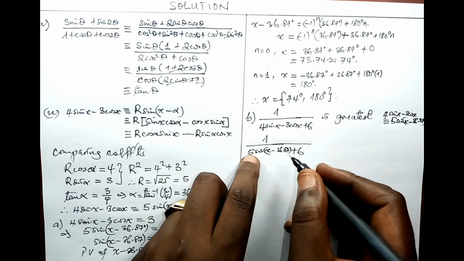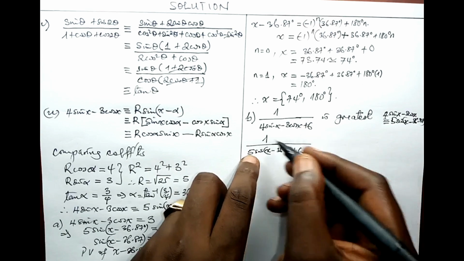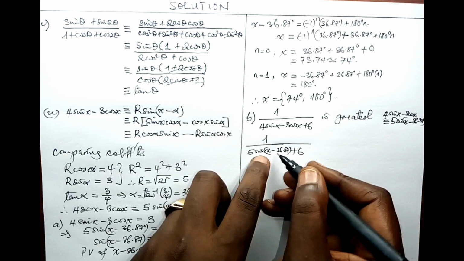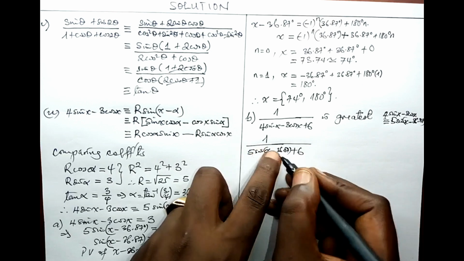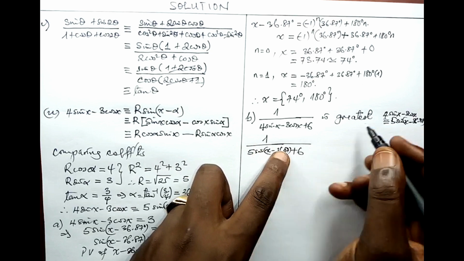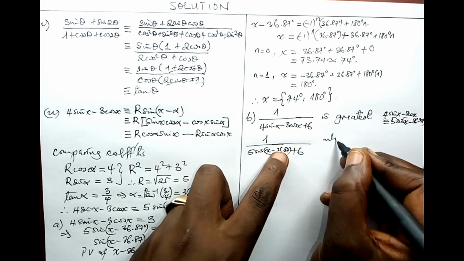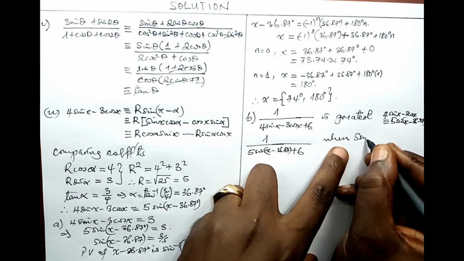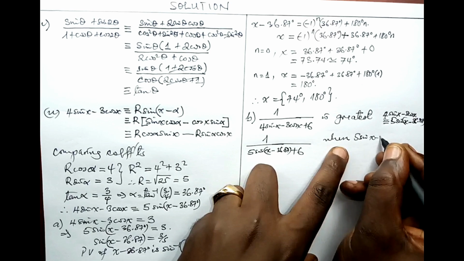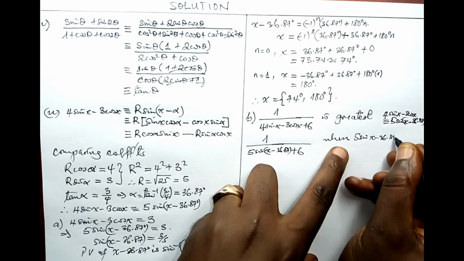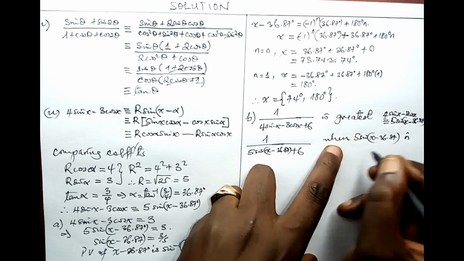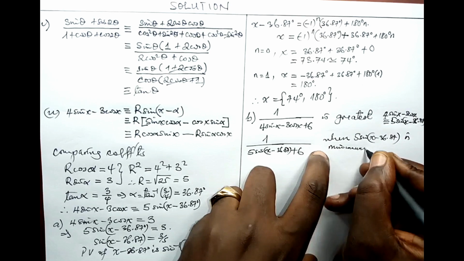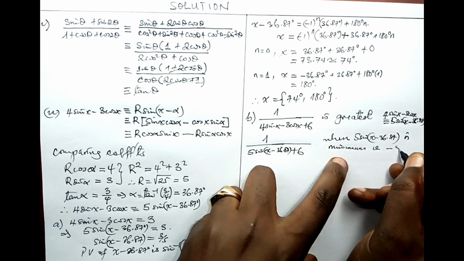And so when this expression is maximum, it would occur when this part down is minimum. So this is greatest when 5 sine x minus 36.87 is minimum, i.e. negative 5.